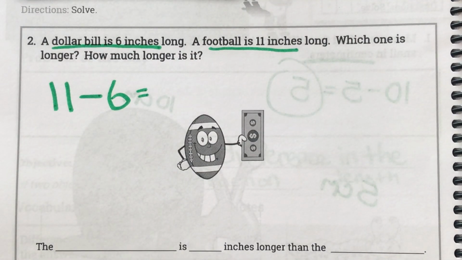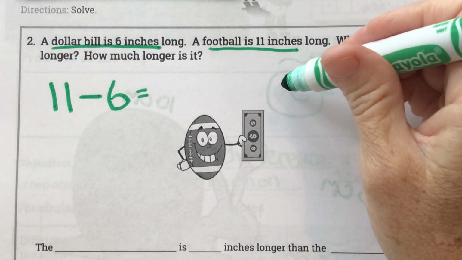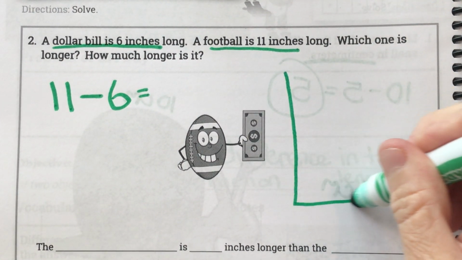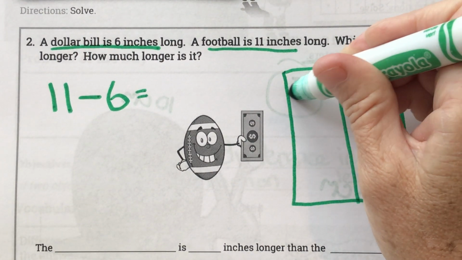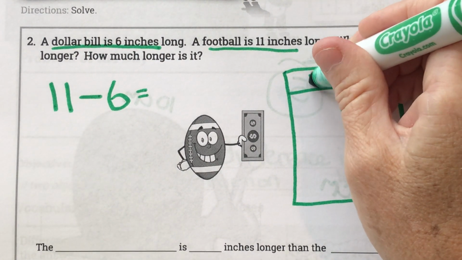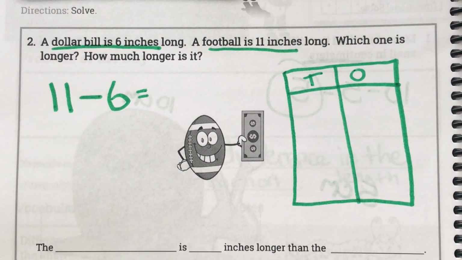Okay, so when I have 11 take away 6, some of you might know the answer, or we could set it up. We're just going to set it up just to have some practice. So I have my 10s and my 1s.